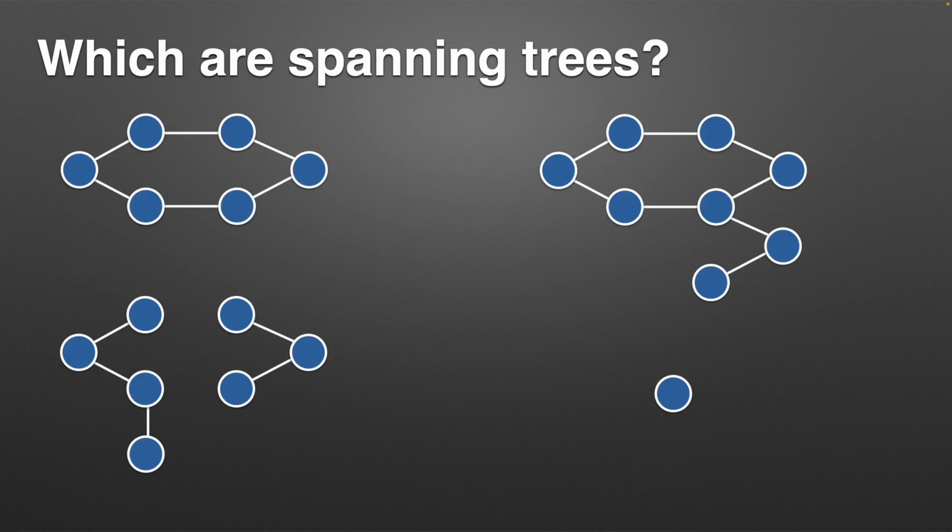So if we look at these, we can kind of assess this visually to say which of these is a spanning tree. So like, let's look at this first graph here. Is this a spanning tree represented? No. Why not? Because of the cycle. Right. So we've got a cycle here.